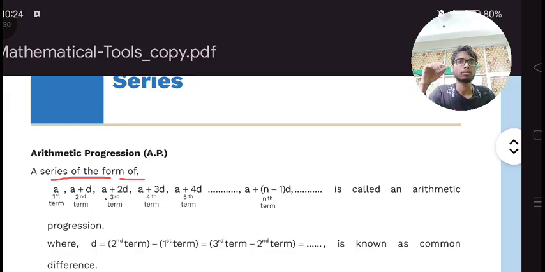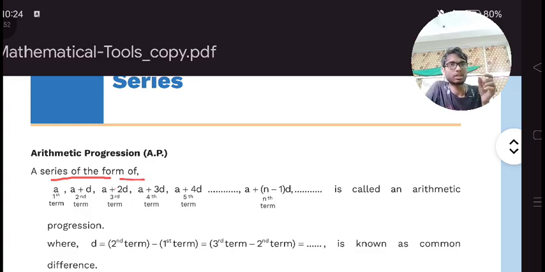Then in the third term it is added by d, but with 2 multiplication. The third term is being added by 2d. Yeah, this is what is happening over here.